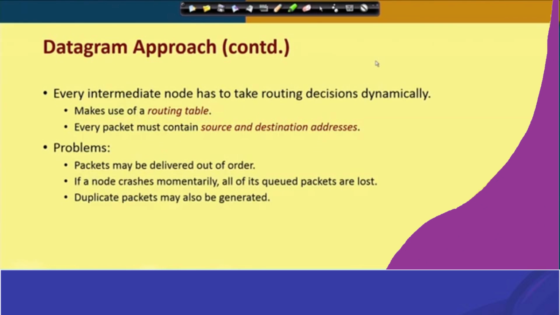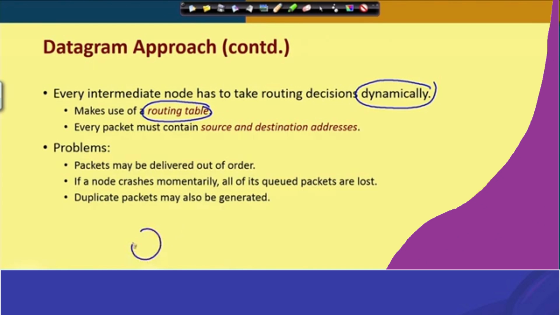Fine. Here, every intermediate node will be taking dynamic decisions. It will be maintaining something called a routing table.